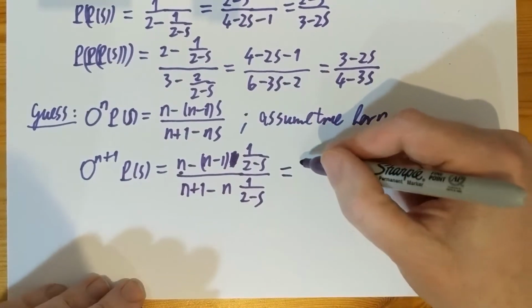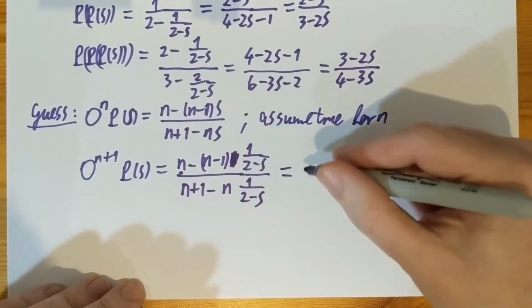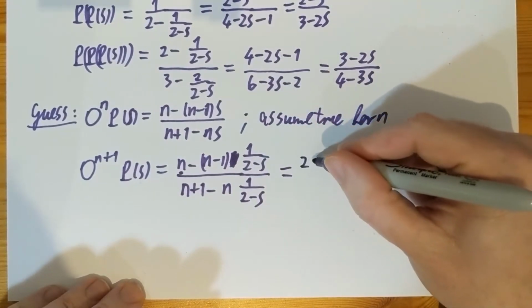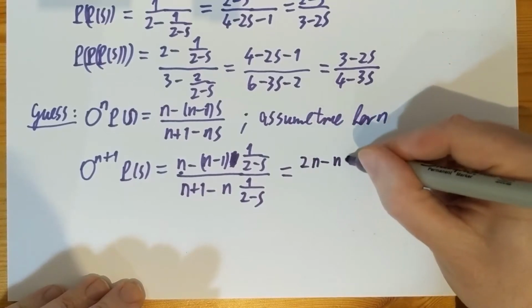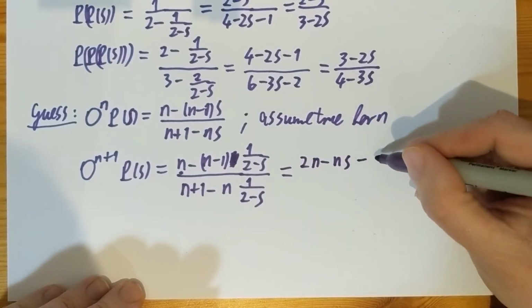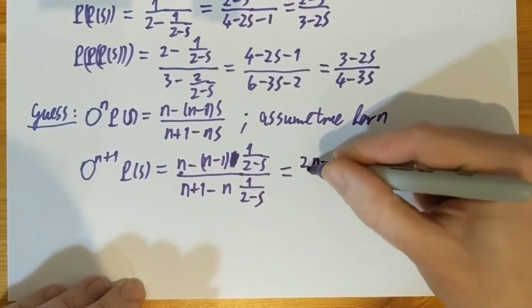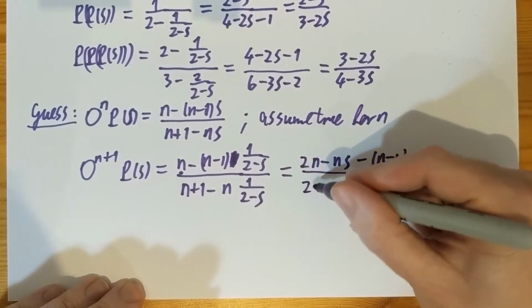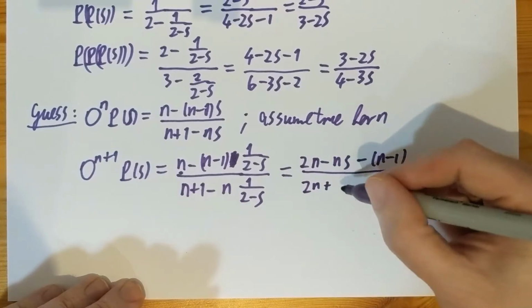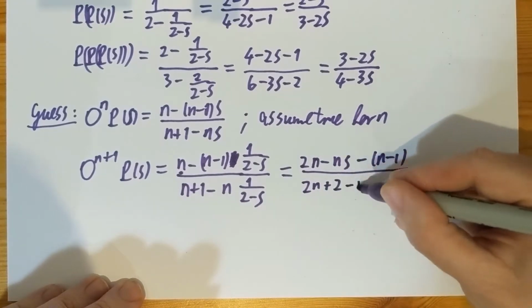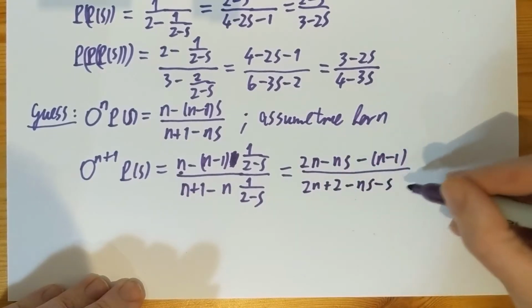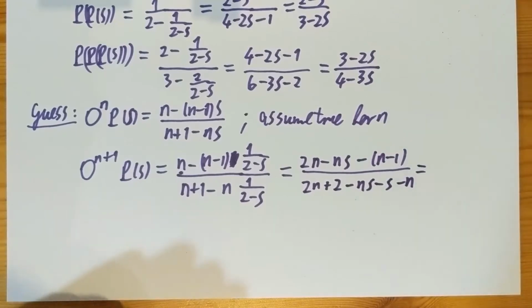So what is it? Let's multiply with 2 minus s everywhere, so 2n minus ns minus n minus 1 over 2n plus 2 minus ns minus s minus n. What do we get?